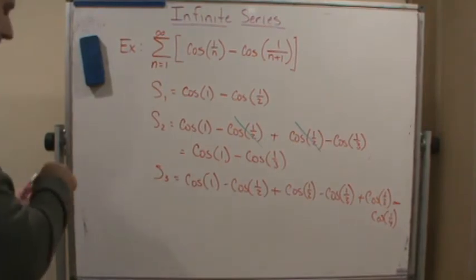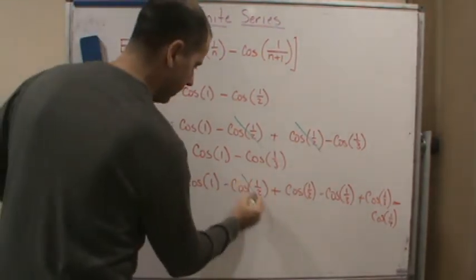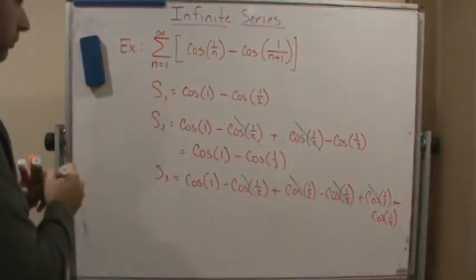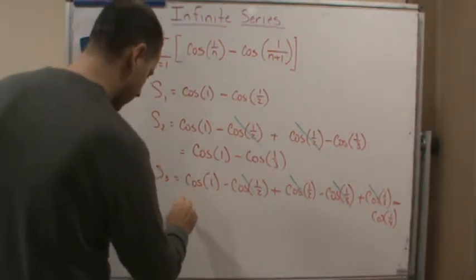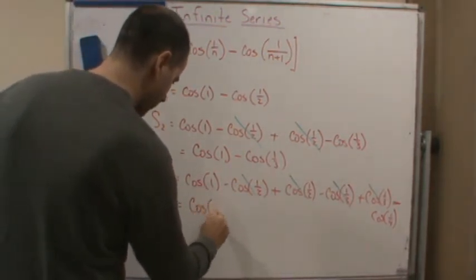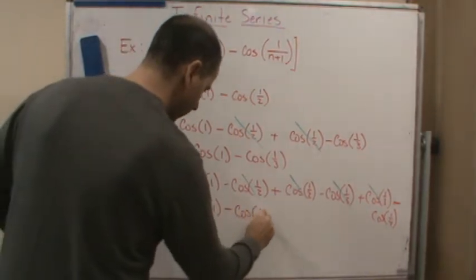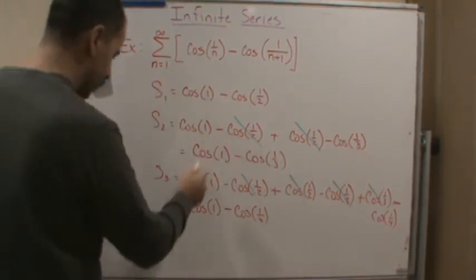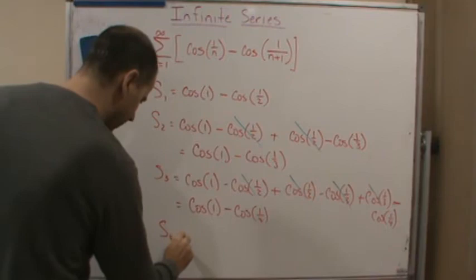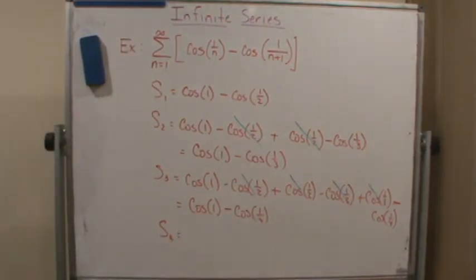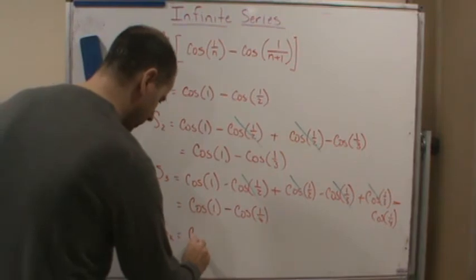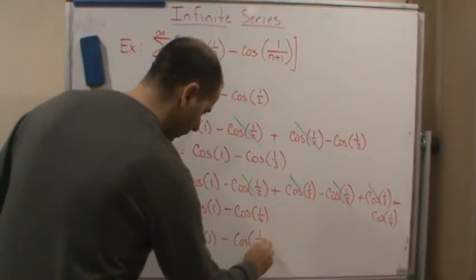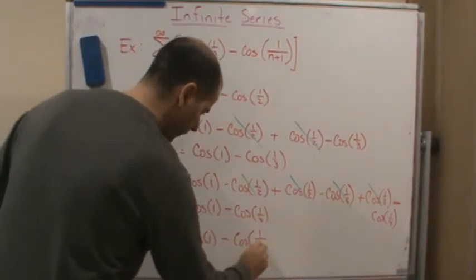And then likewise we see that this cancels with this one, this cancels with this one, and we end up with the difference between the first and the last. So this is equal to cosine 1 minus cosine of 1/4. Now in general we can see the pattern, and so the kth partial sum is going to end up being cosine of 1 minus the cosine of 1 over k plus 1.